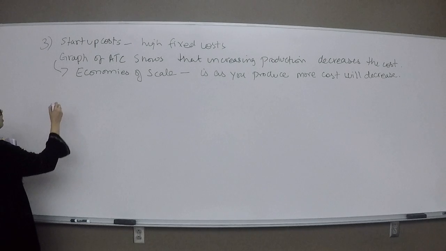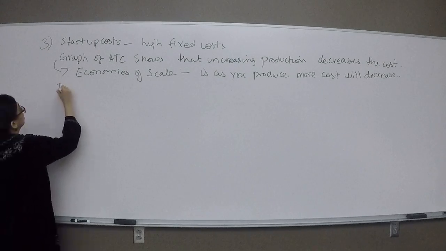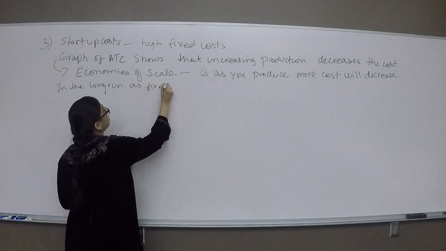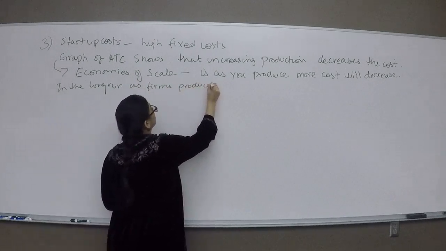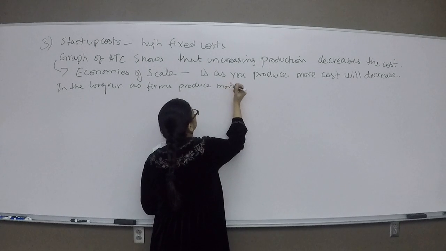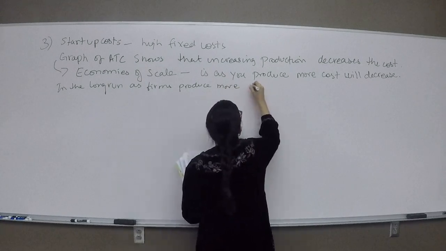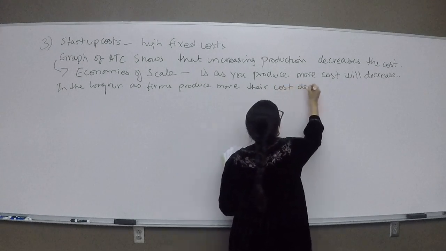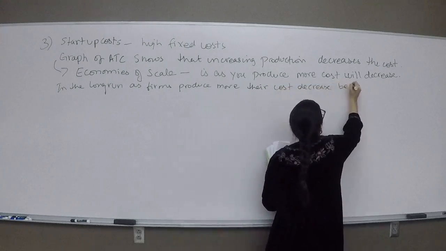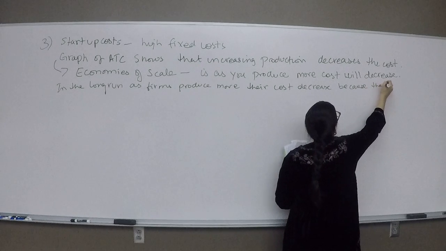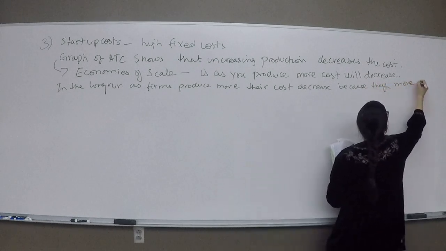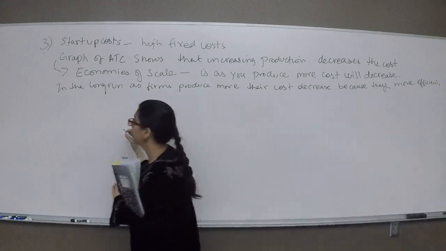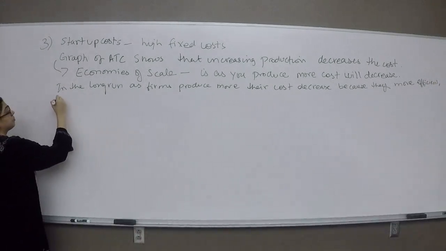So in the long run, as firms produce more, their cost decreases because they become more efficient, have better management techniques.